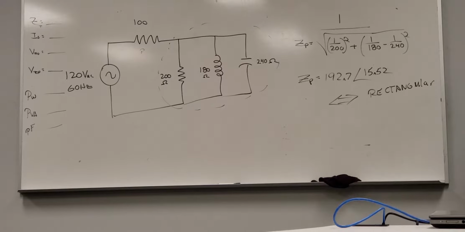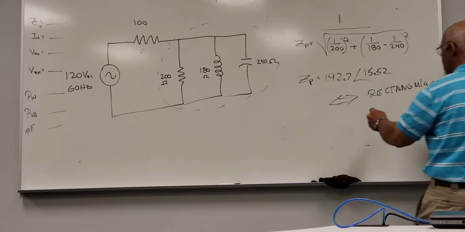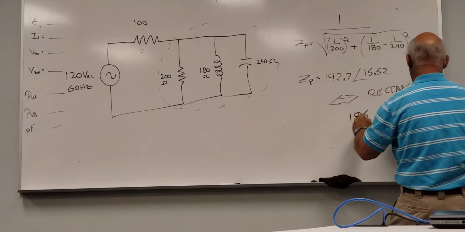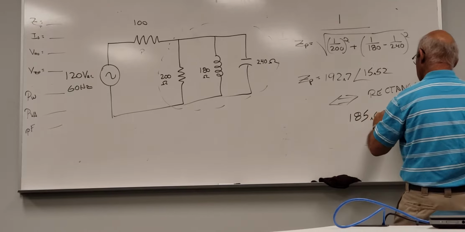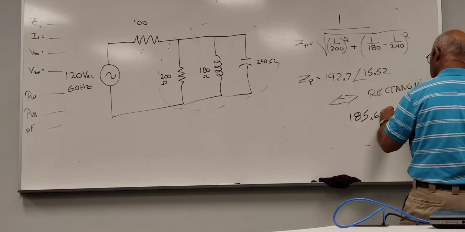Hit enter. And I get 185.67. That's the X component, or R component, however you want to look at it.